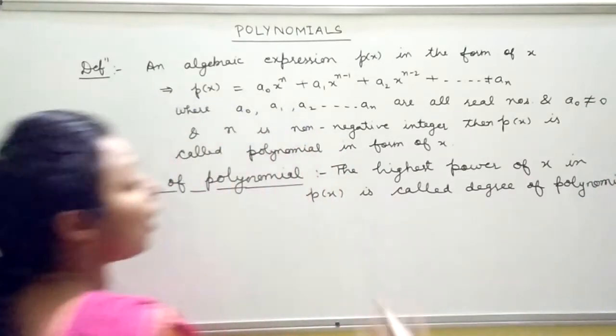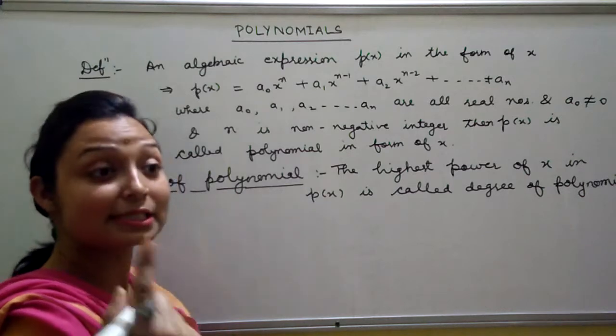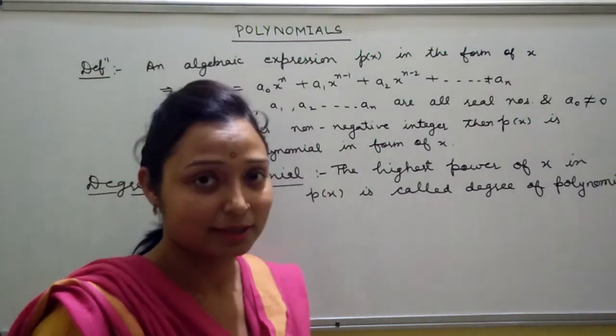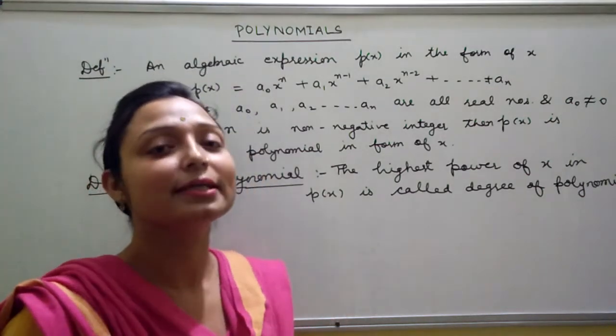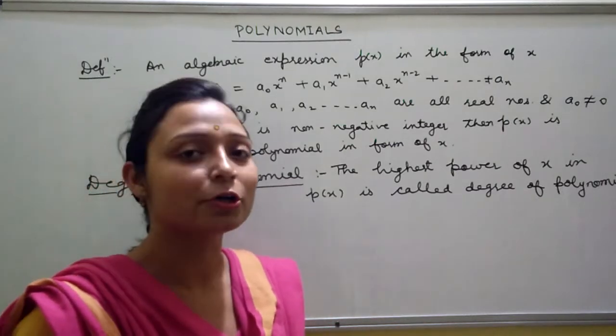Now on the basis of degree we have different types of polynomials. First is linear, when the degree is 1. Second is quadratic, when the degree of the polynomial is 2. And third is cubic, when the degree of the polynomial is 3.